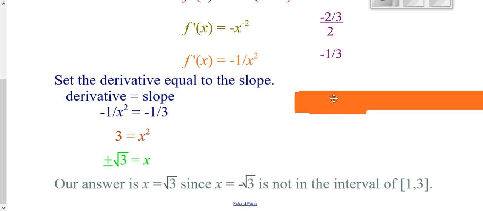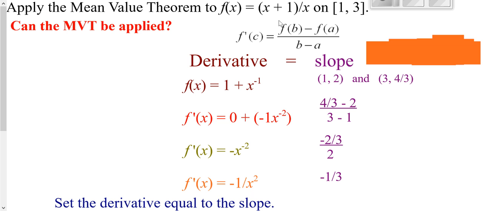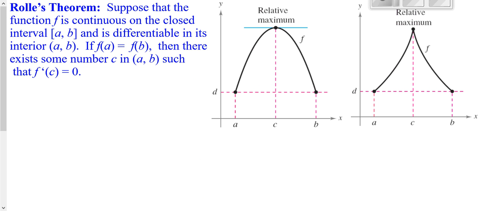So, looking at our problem here, when is the slope between these 2 points, which is negative 1/3, equal to our derivative at x equal to the square root of 3? Now, Rolle's theorem is just a special case of the mean value theorem.